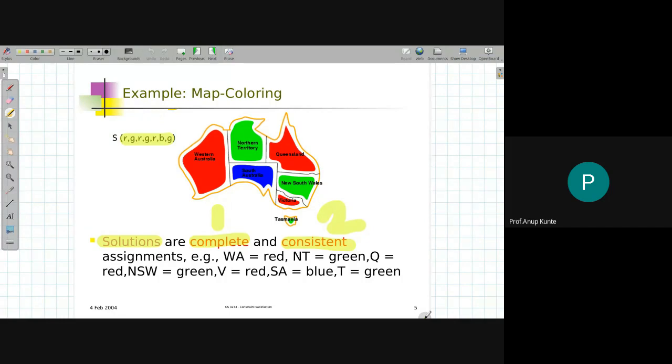So I may have one region not colored. That means the assignment may be incomplete, but it may still be consistent for all the rest of the variables. So it may be incomplete but consistent, and solutions are always complete and consistent. This you have to remember.